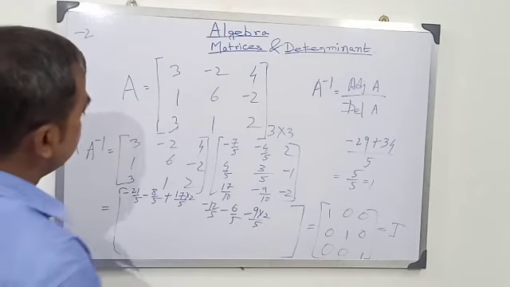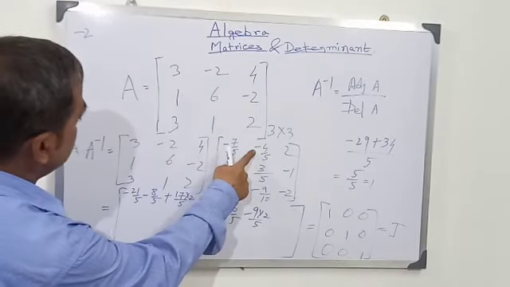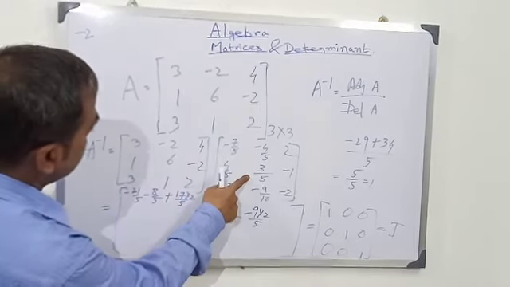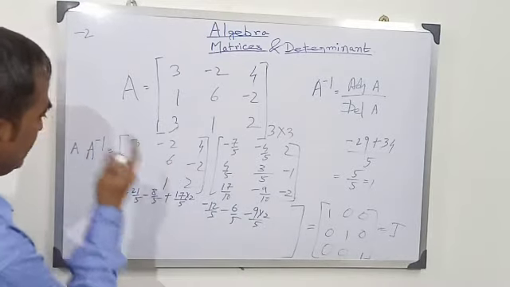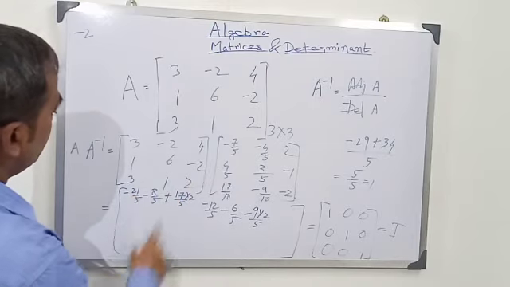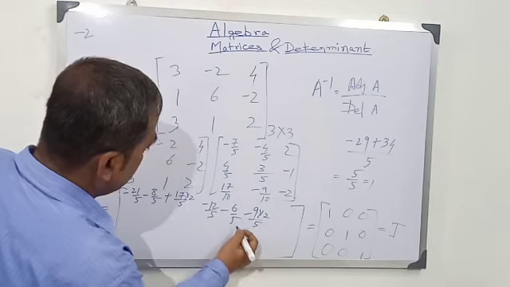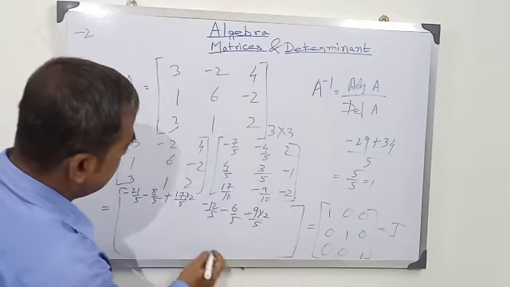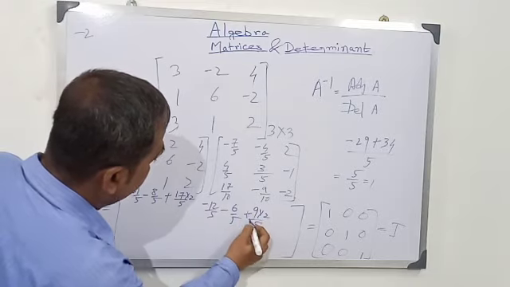There is a sign mistake, I think. We took the transpose. Okay, 2, minus 4, 6, 1, minus 2, 3, 1, 2. So here it would have been plus, and so minus 18 by this, it should be 0. So we will get 0.